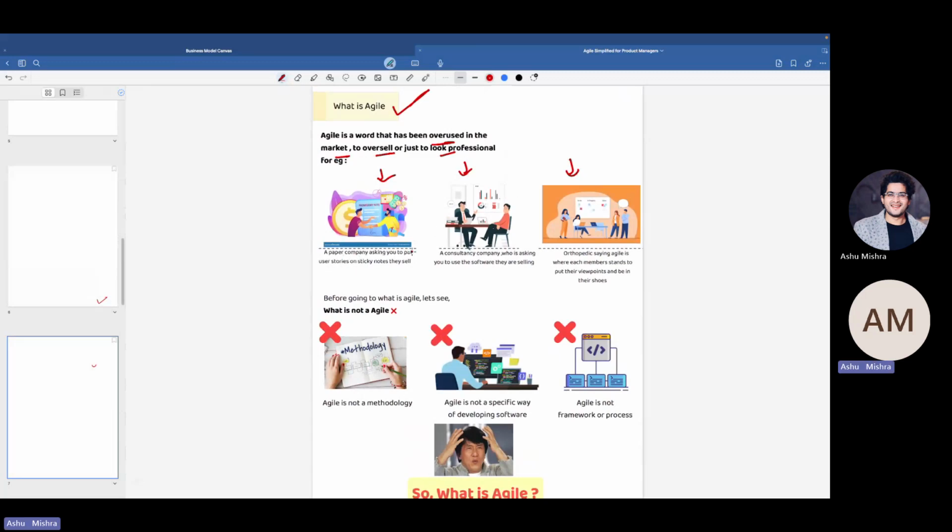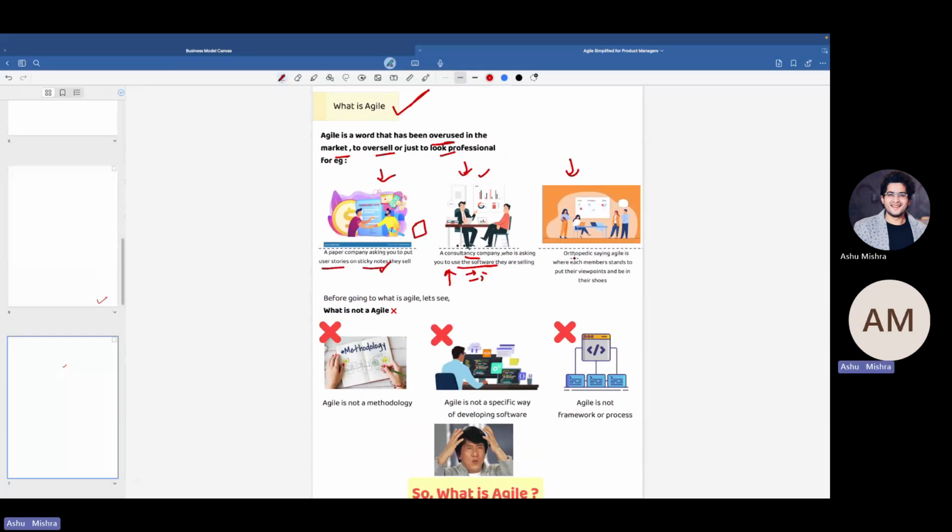So this is a paper company asking you to put user stories on sticky notes because they essentially sell those sticky notes, right? The second is a consulting company who is asking you to use the software they are selling because it essentially helps you to improve your efficiency. But are they following the agile methodology or the agile mindset or not? That is something that is questionable, right?